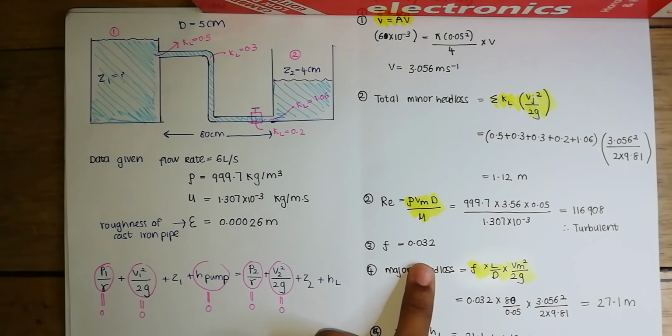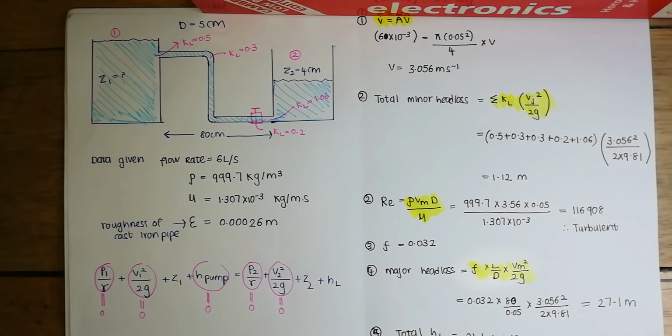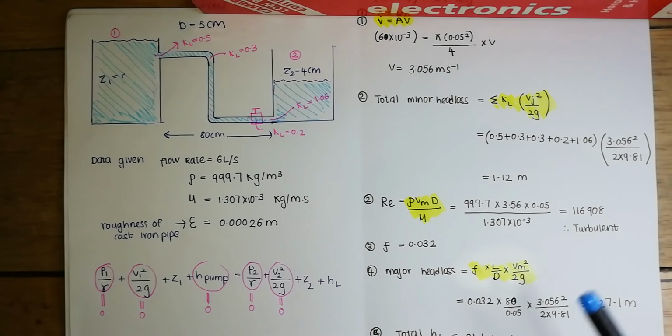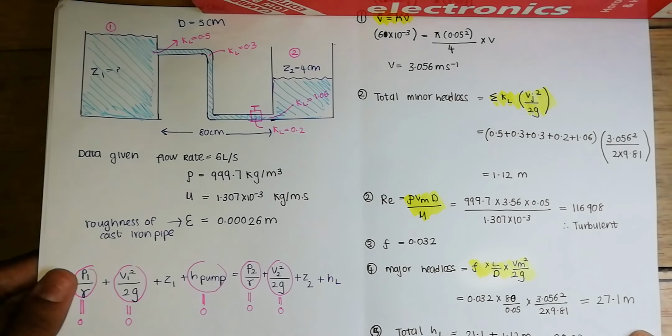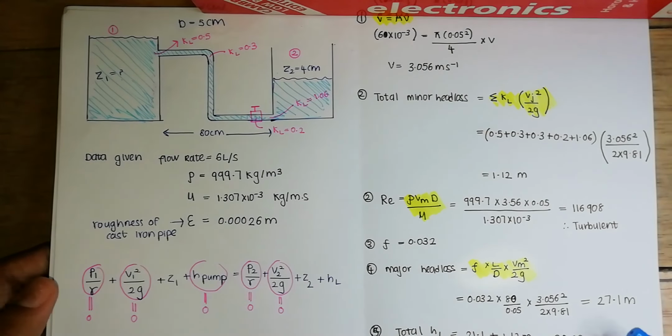I got this friction factor of 0.032, and now just substitute in everything for our major head loss equation, which is friction factor times length divided by diameter, times mean velocity squared divided by 2g. I substitute in everything and I get a major head loss value of 27.1 meters.